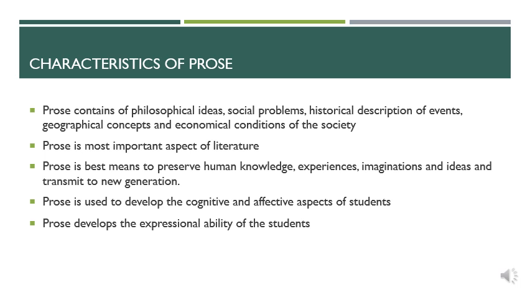So the student not only gets the intellectual aspect, they also get some affective aspects. And prose develops the expressional ability of the students. When the students are learning some prose, they will try to give their own ideas in the class. So these are some of the characteristics of prose.